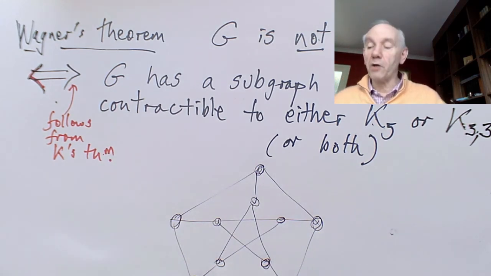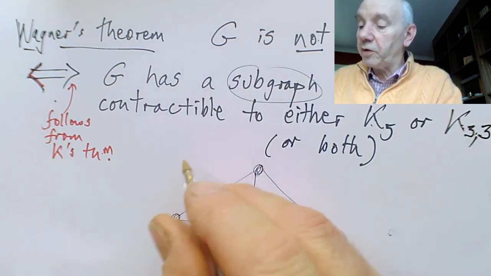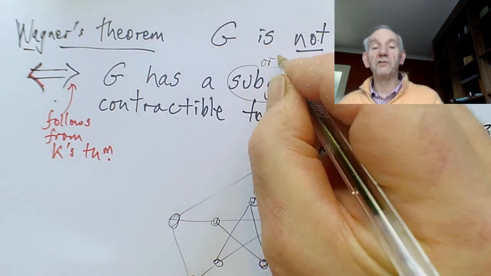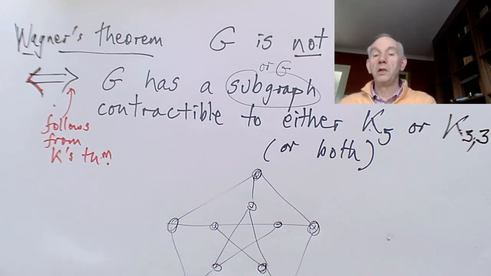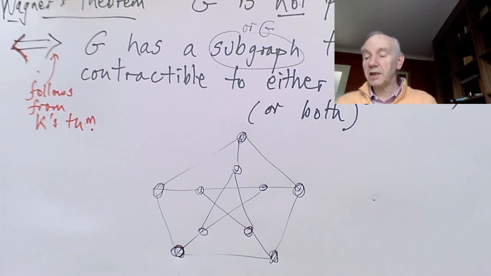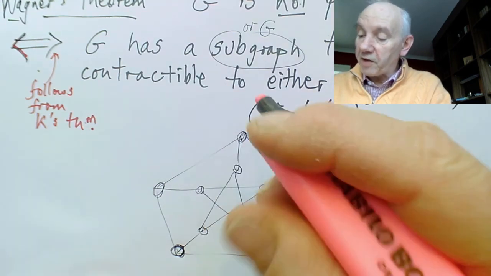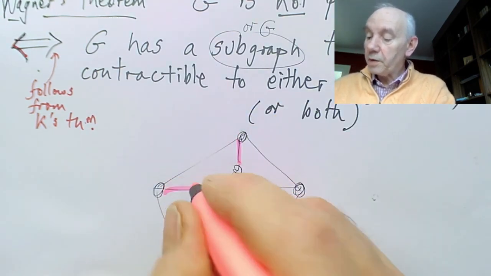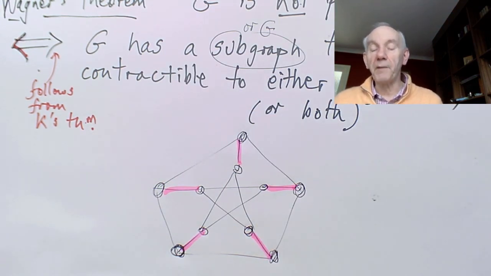Well, a subgraph could be the whole graph. So when I say subgraph, it could be G itself, because G is a subgraph of itself. And in this case, we take the whole graph, and it can be contracted to K5. That's obvious, because all you have to do is take the spokes and contract them. So we have our 5 spokes there, and if we contract each one at a time, that means that we make the vertices coalesce.